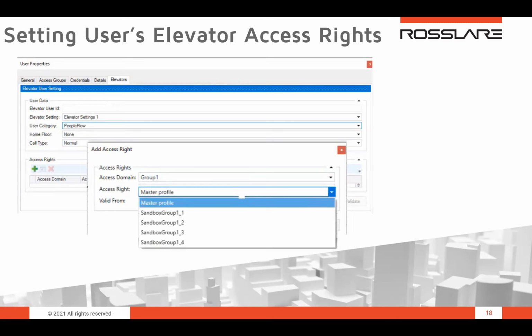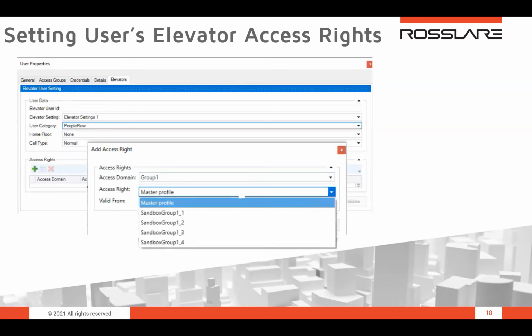So while the access domain here determines to which elevators the user is allowed, the access rights groups here determine to which floors in these elevators he is allowed.